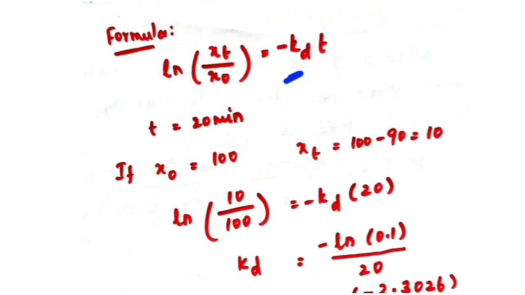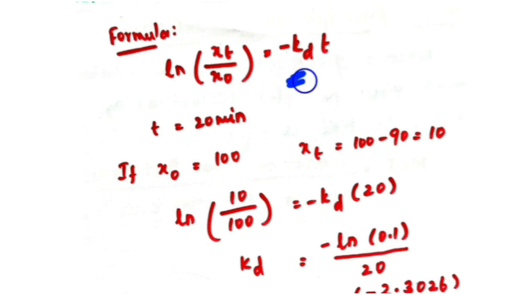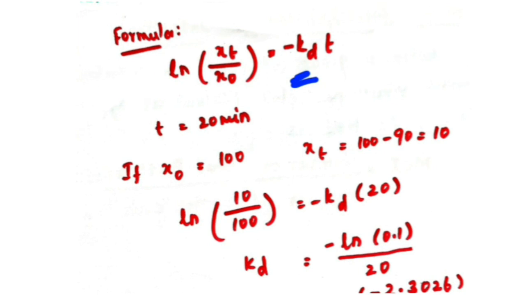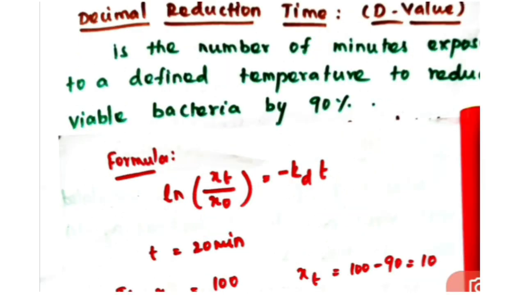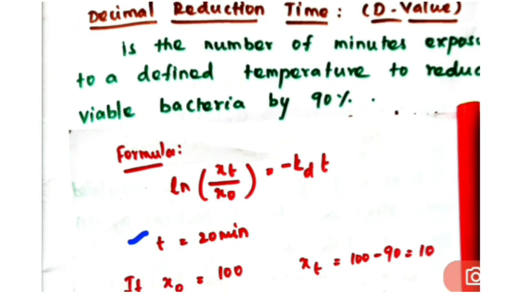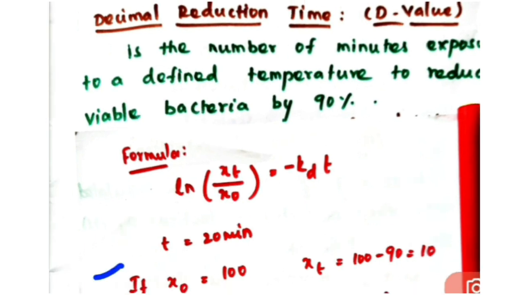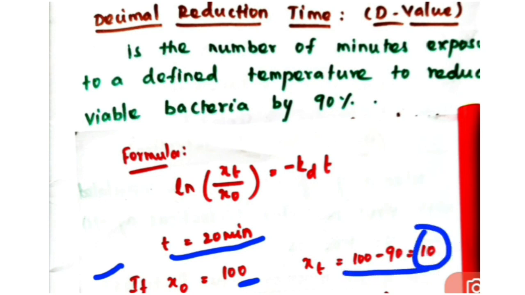Here the negative sign indicates there will be a decrease in the number of microbial population. So in the problem they have given decimal reduction time t is equal to 20 minutes, and if your initial cell concentration is 100 cells per ml, then after your decimal reduction time, that is t equal to 20 minutes, you will have only 10 cells per ml.